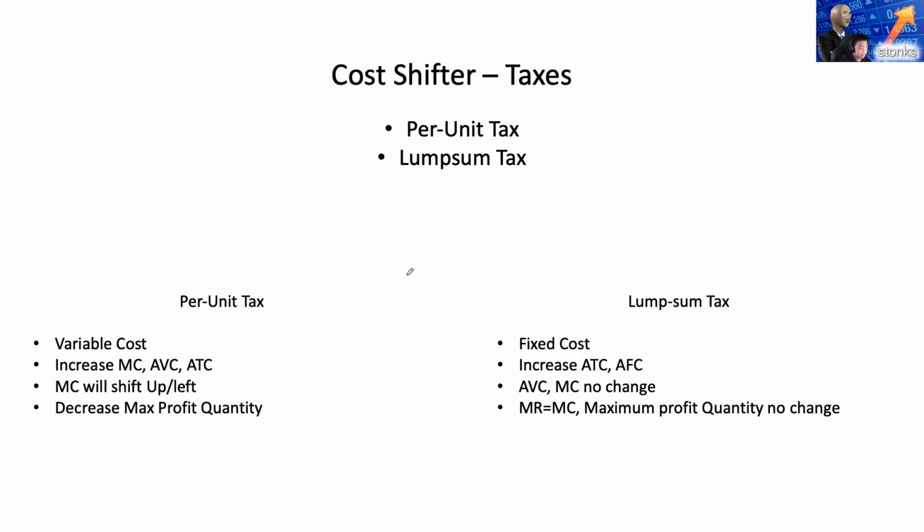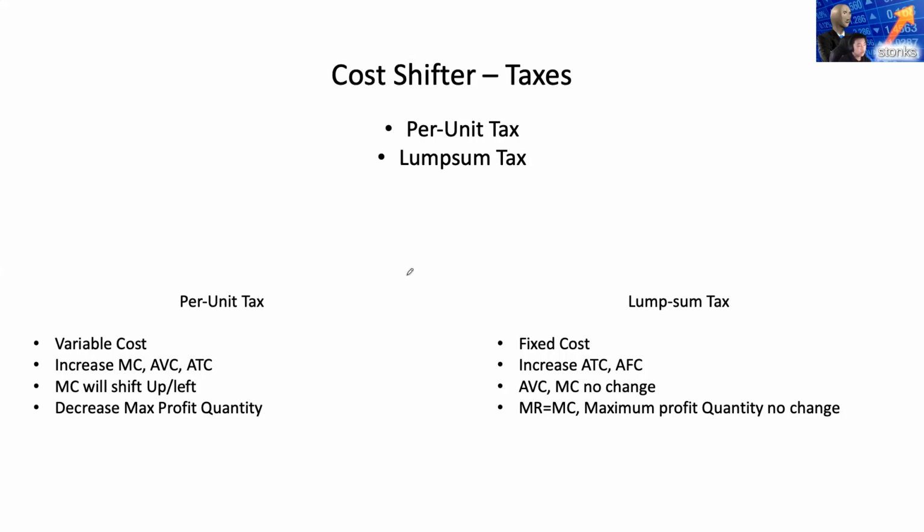And the lump sum tax. This is part of the fixed cost because no matter how much you produce, it's going to be the same. So if I shut down and don't produce anything, I'm still going to get taxed because of the lump sum tax.